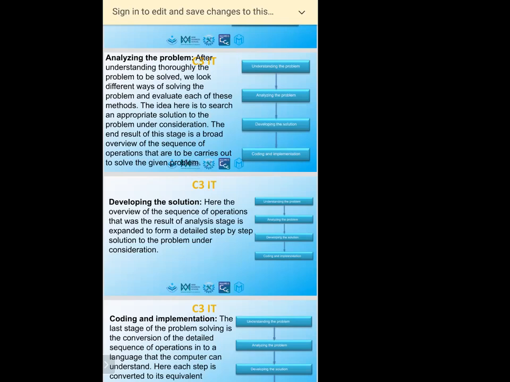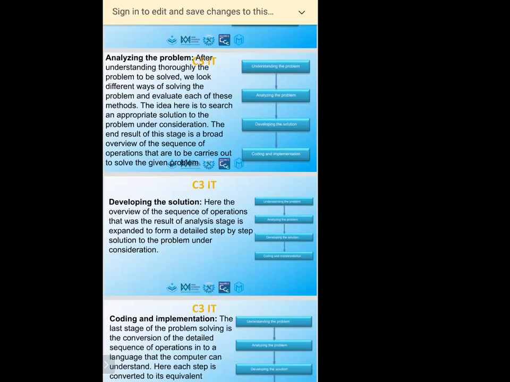Then analyzing the problem means we ask what things you want and what steps we have to follow. What purchase information is there? What sales information is there? How do I calculate the stock report? How do I calculate my annual turnover details? Likewise, I make the step-by-step instructions. That is analyzing the problem.